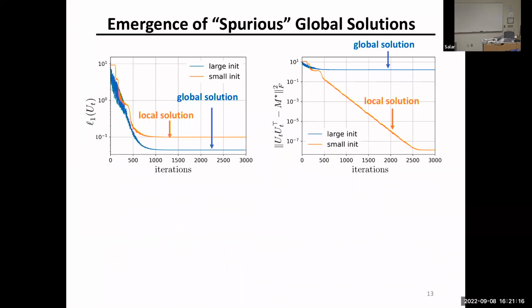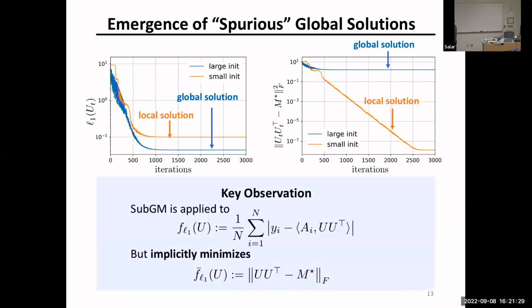Again, I want to emphasize that we do not have benign landscape in this problem. We may have suboptimal local solutions and even spurious or undesirable global solutions. But it seems that when we run subgradient method on L1 loss with noisy measurements, what it implicitly optimizes is the distance between UU transpose, the model that we are optimizing over, and this M star.